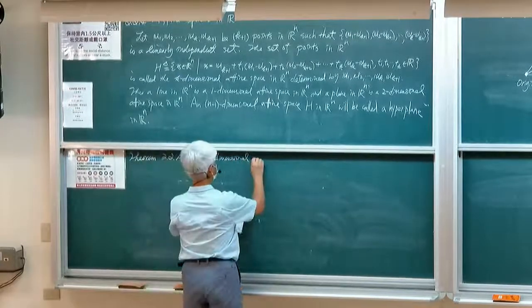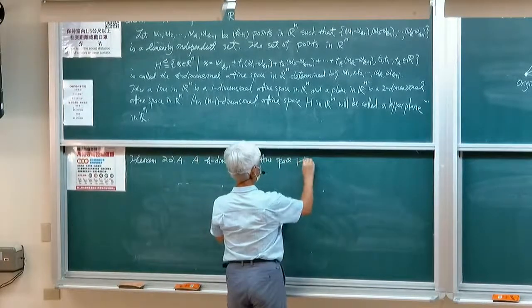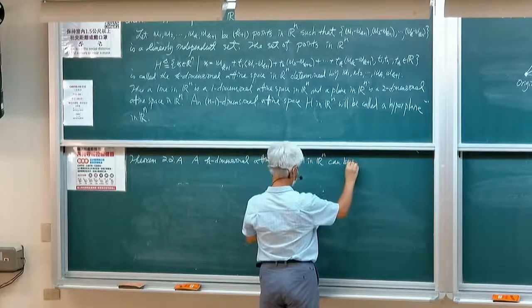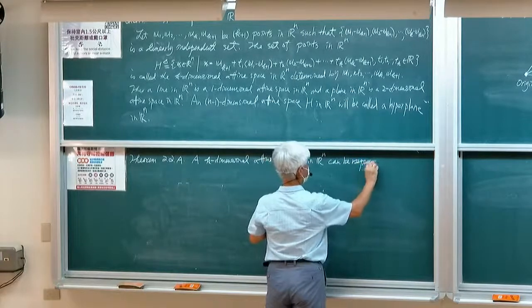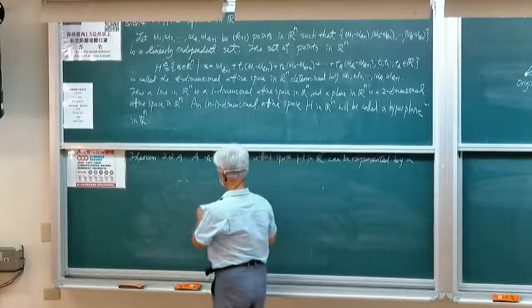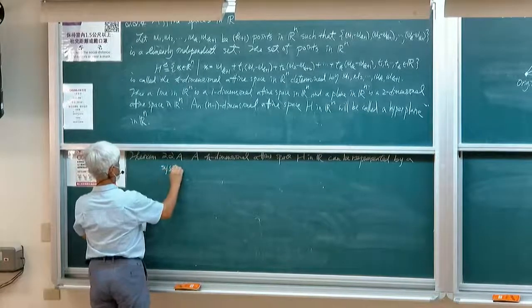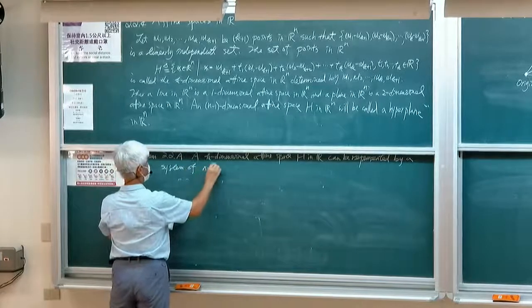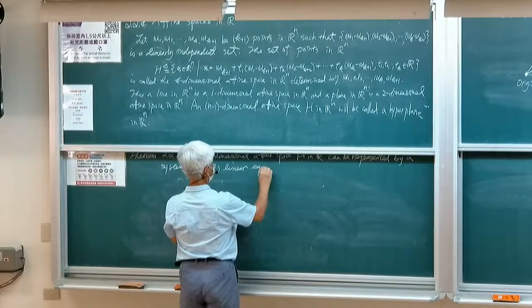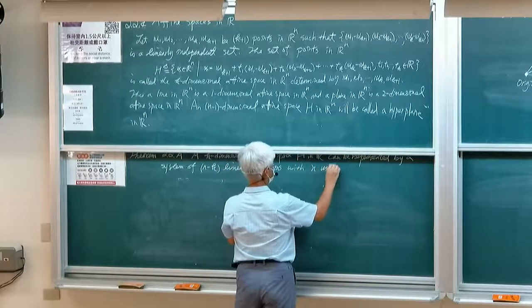Now, a k-dimensional affine space H in R^n can be represented by a system of n minus k linear equations with n unknowns.